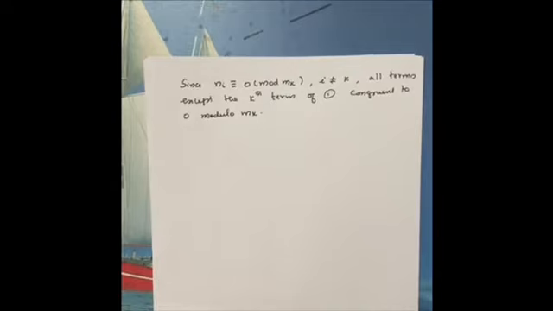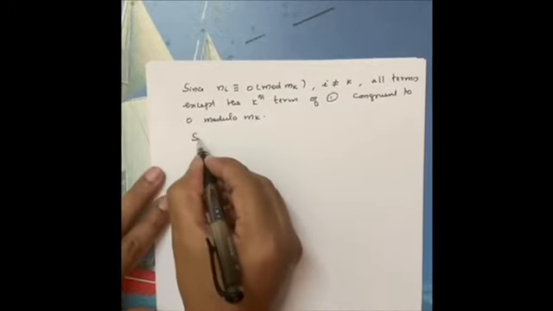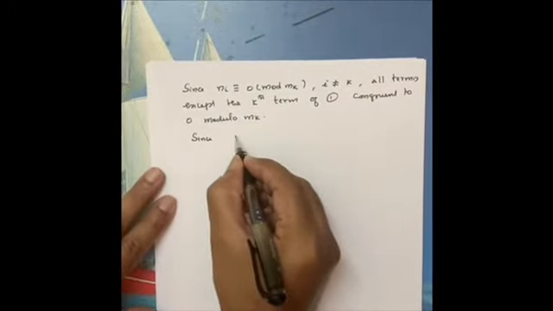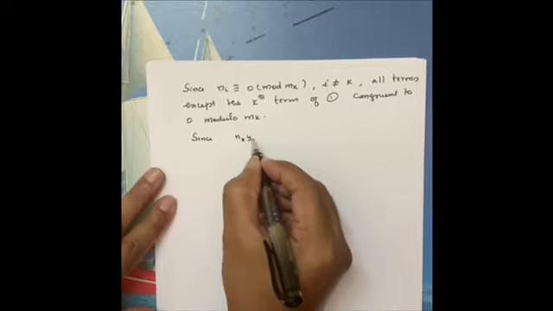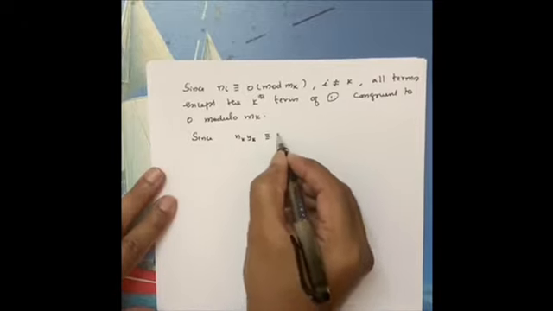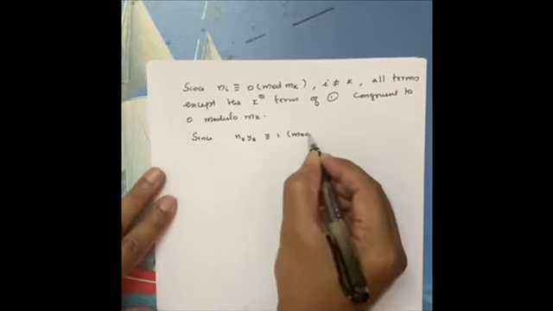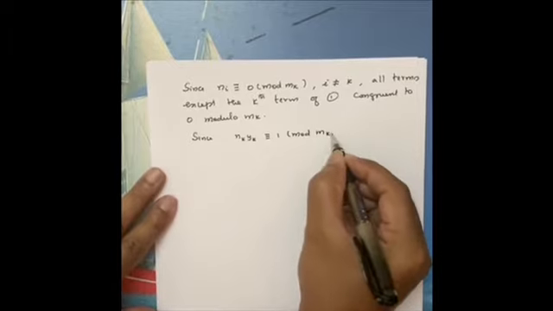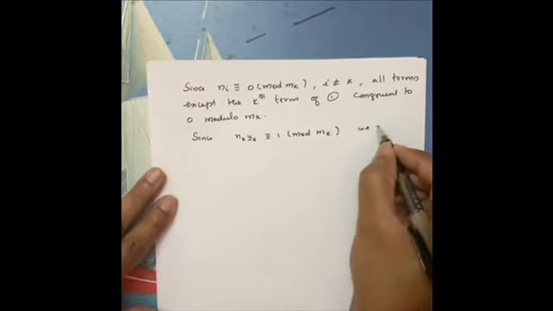So all the terms except the kth term are equal to 0. But what we have, since already we have ni yi congruent to 1 modulo mi, here nk yk congruent to 1 modulo mk.